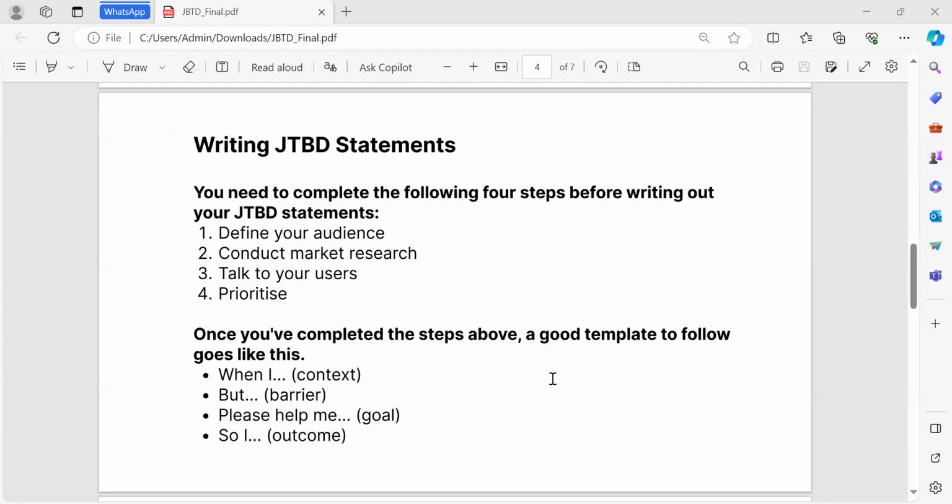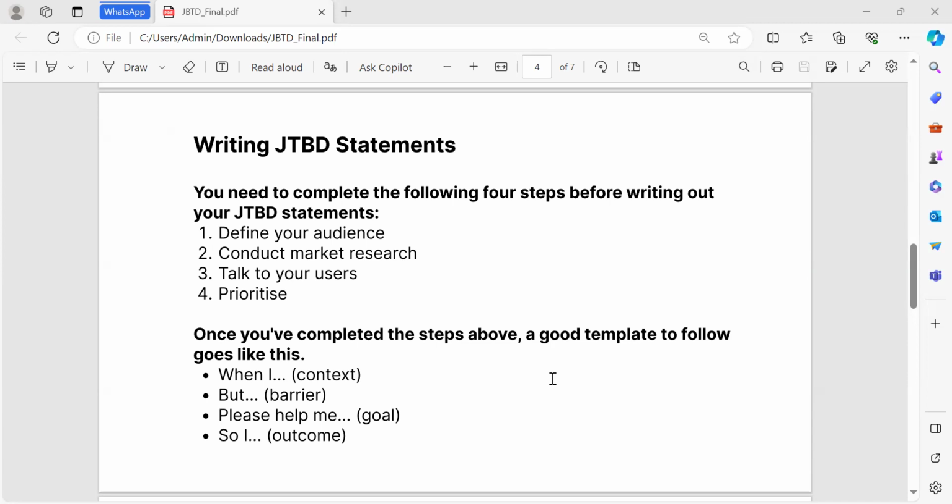That is: when I want to do some work, but there is a barrier, please help me towards this goal so that I can complete this outcome. This is a general template into which JTBD statements are generally written. Whenever these statements are written and shown to anyone, a person would be able to understand the underlying customer motivation, customer needs, and the problems the customer is exactly facing in order to achieve that outcome.